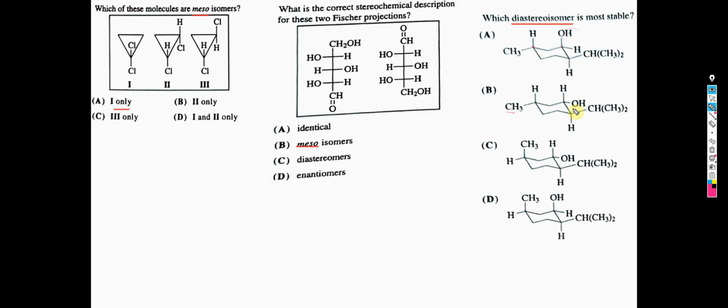In another one, methyl is equatorial, hydroxy is equatorial, and isopropyl is equatorial. So all big groups are equatorial, and this is going to be very stable. In another, methyl goes axial, the other 2 are equatorial; in another, these 2 are axial and this is equatorial. Whereas here all big groups are in the equatorial position, therefore that makes this the most stable diastereomer.